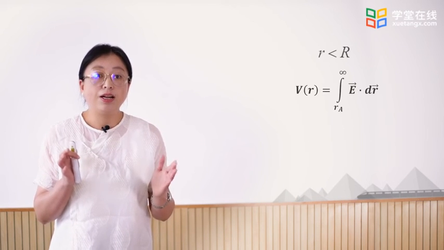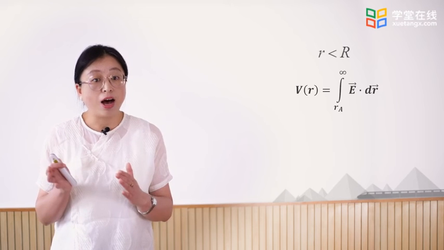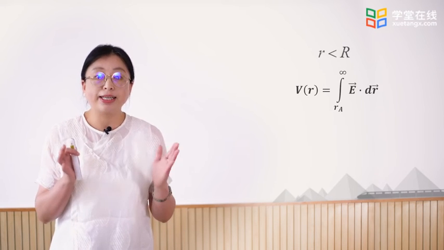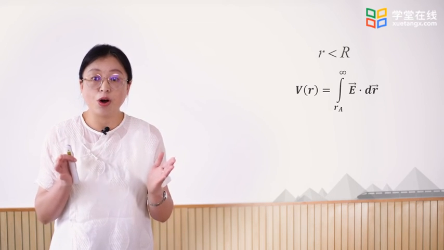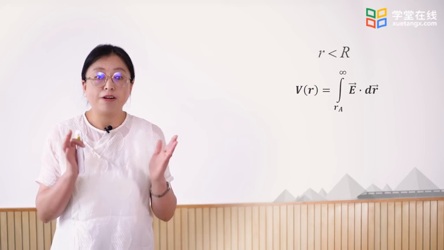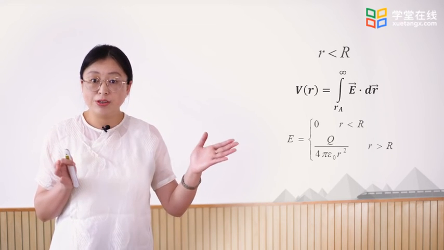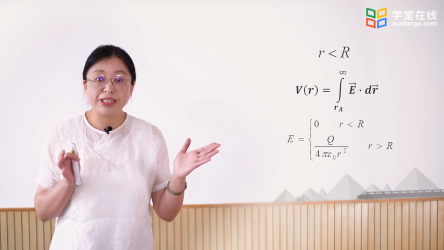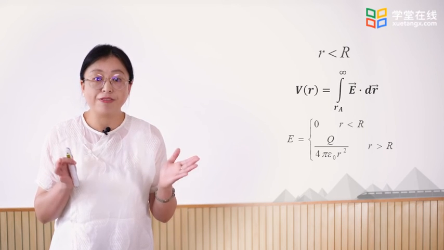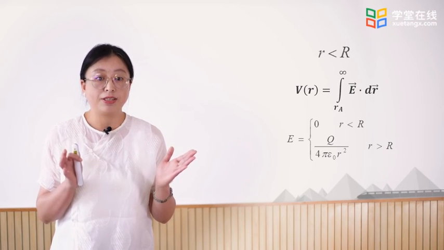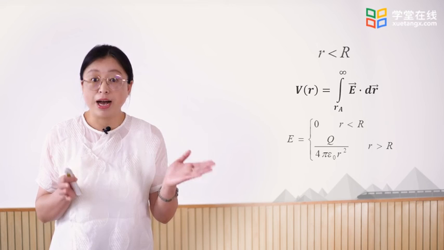So, for point A inside the surface, lowercase r is smaller than uppercase R. The potential at A is equal to the line integral of E over the limits from lowercase r to infinity. But please note that the electric field inside the surface is different from the one outside the surface. So, here we have two items.